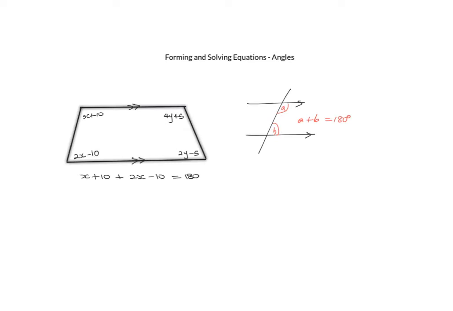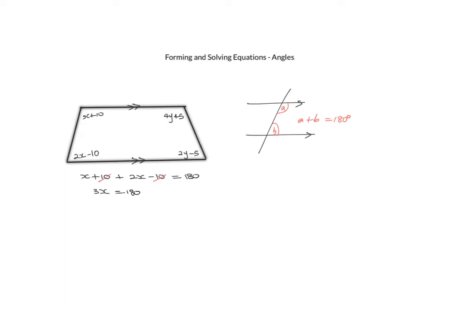And here we've got like terms. I've got 1x plus 2x makes 3x altogether. And then I've got 10 take away 10. Well, that means that these are cancelled out, so that becomes 0. And I'm just left with the 180 degrees there.